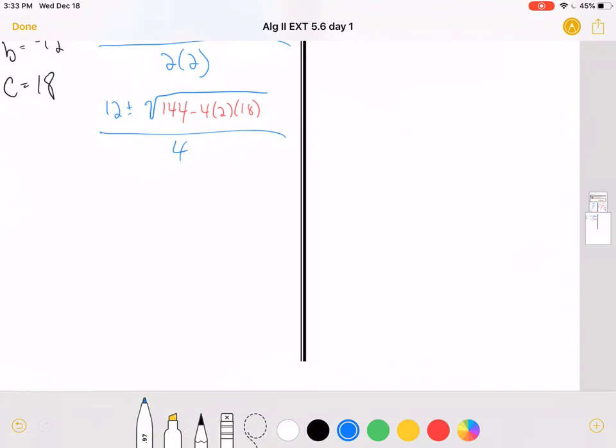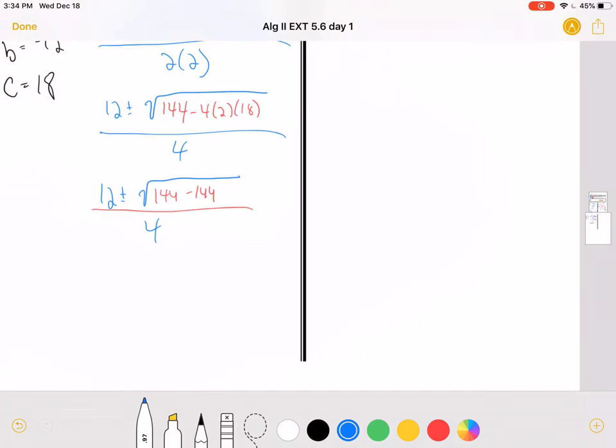Now I'm going to reduce the square root again. 12 plus or minus the square root of, well, negative 4 times 2 times 18. Excuse me, we should get 4 times 2 times 18, which is 144. So 12 plus or minus the square root of 144 minus 144 all over 4.